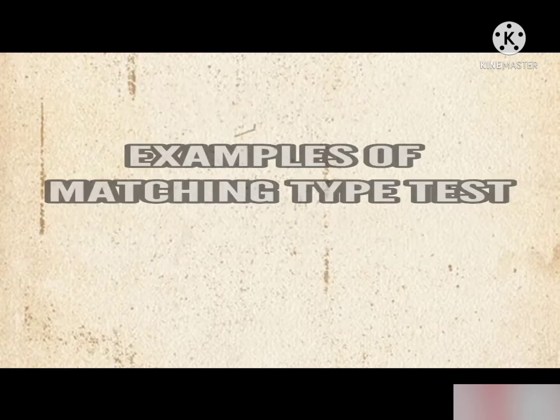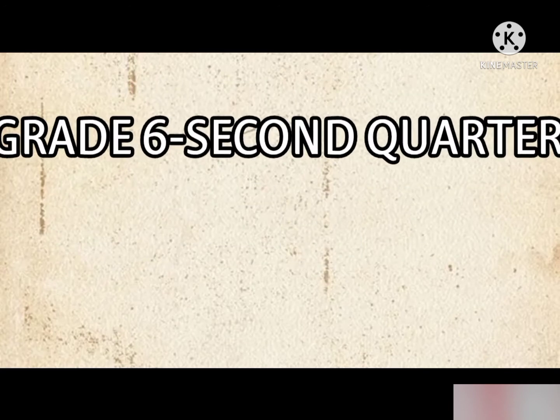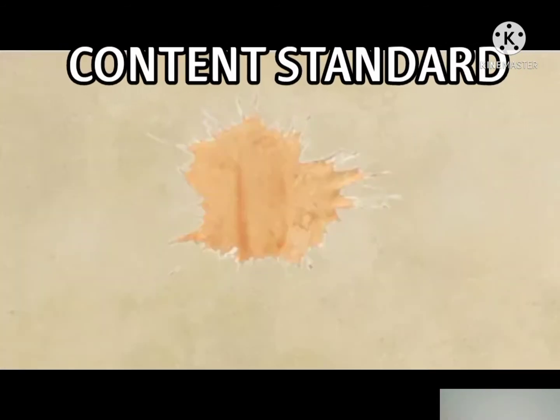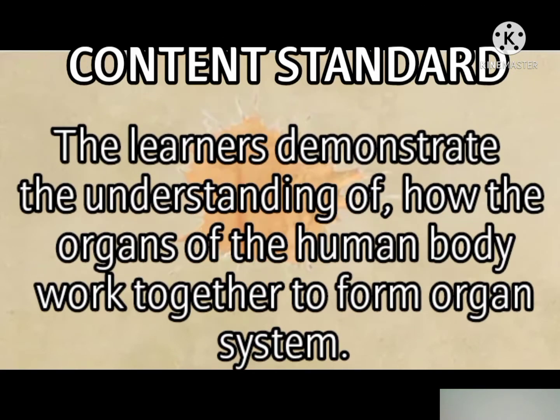The topic we're going to use is Grade 6, Second Quarter, the Digestive System, where the content standard of this lesson is the learners demonstrate the understanding of how the organs of the human body work together to form an organ system.